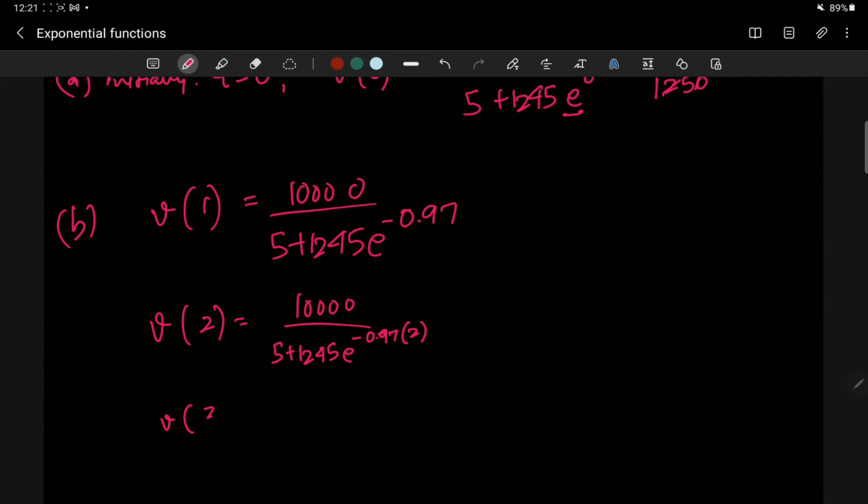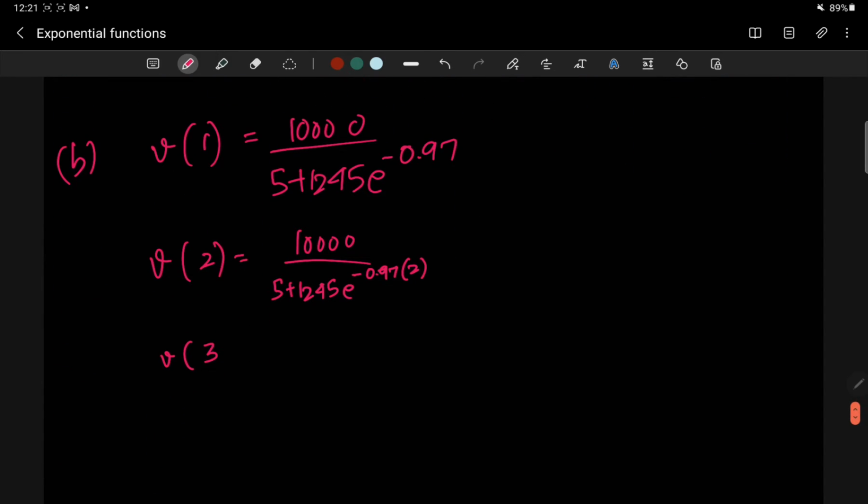And V of, is it 3 or 5? 5, we're asking for 5. So 10,000 over 5 plus 1245 e to the negative 0.97 multiplied by 5.